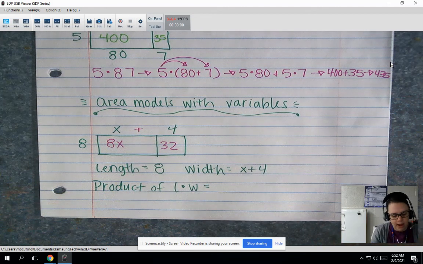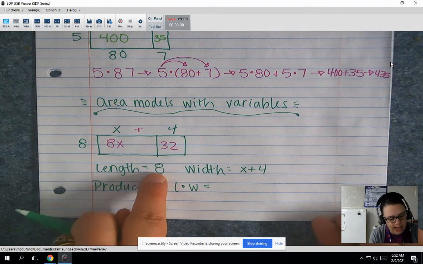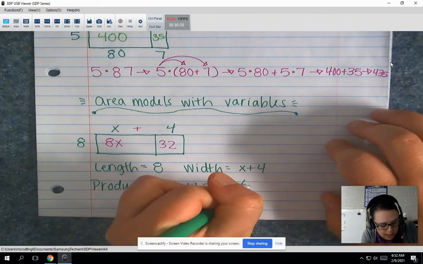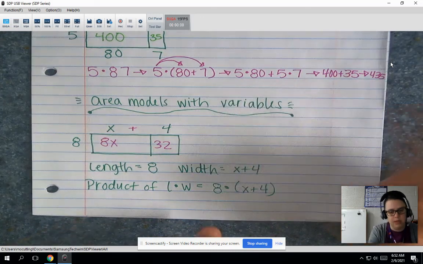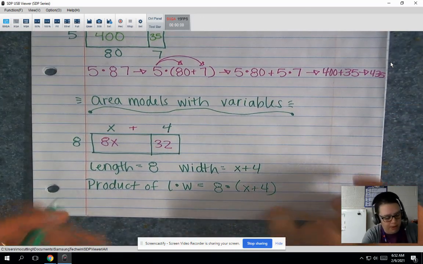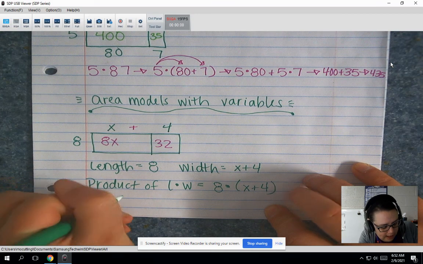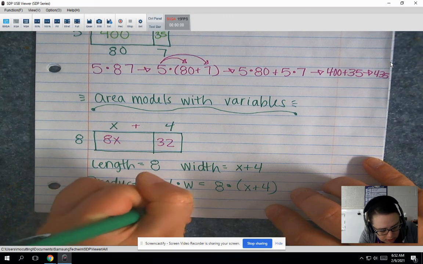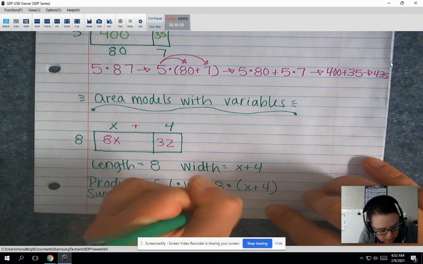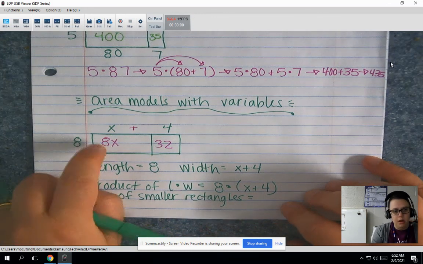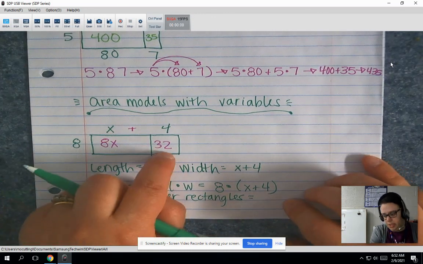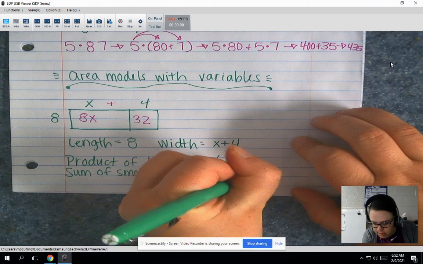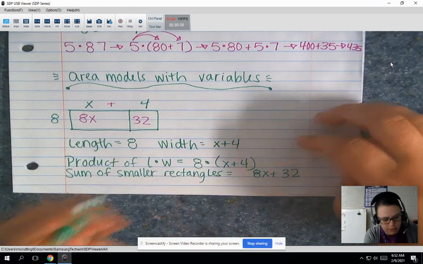So when I write it as the product of length times width, that's going to be 8 times x plus 4. And then I'm going to write it as the sum, so adding, of the smaller rectangles. This piece was 8x, this piece was 32, so writing it as an addition problem is 8x plus 32.